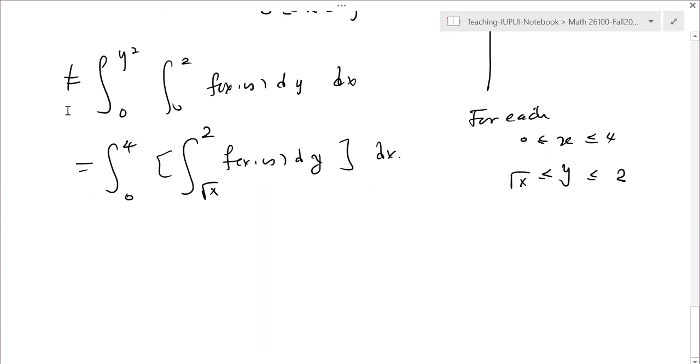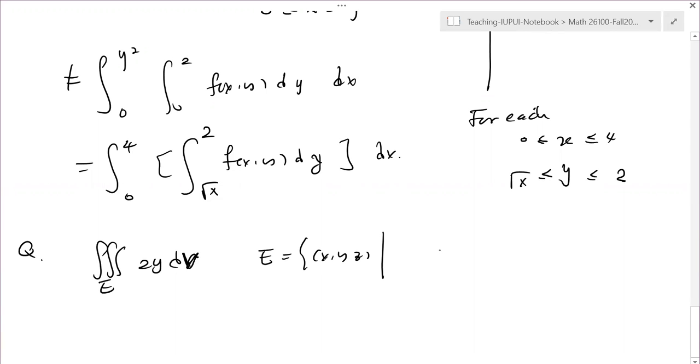Okay. Our next problem, I want to evaluate this triple integral. E is determined by the coordinates: y between 0 and 1, x is between 0 and, there's an order here, y first, then x, then z.